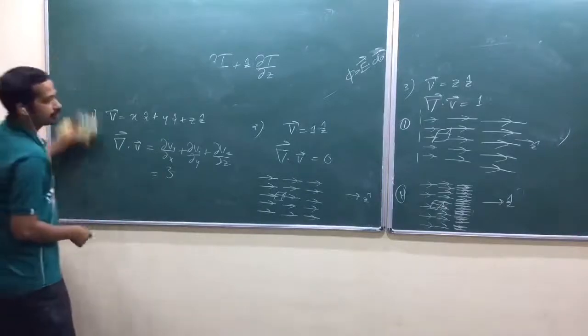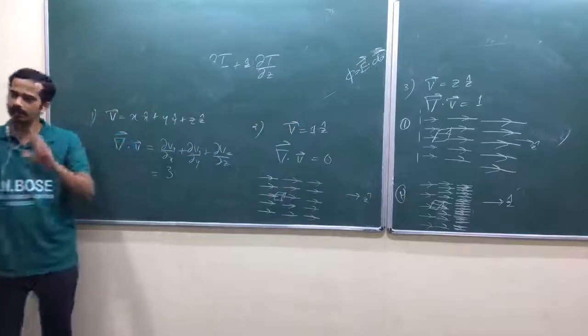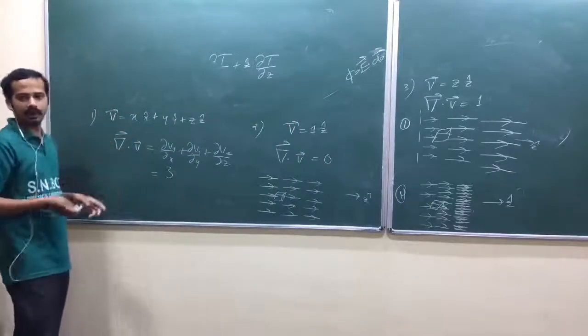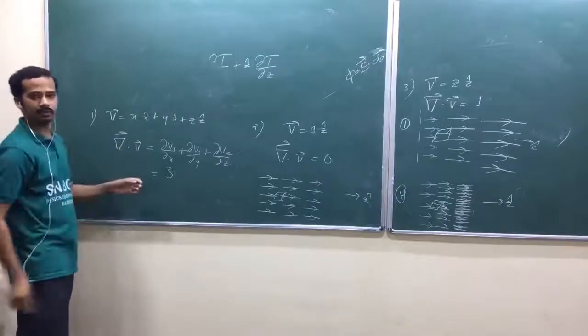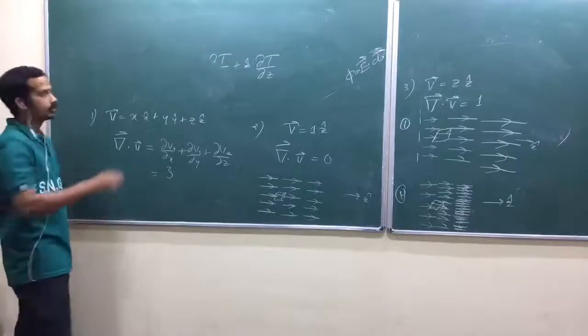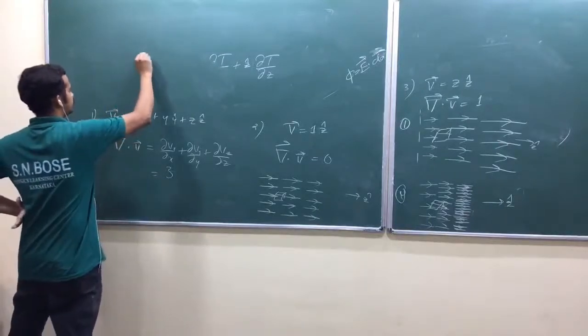Now let me choose the second one. Let me keep vector field length same. Let me increase the density of field line when I go outward from the origin. Is that okay? Because I have divergence equal to constant. Am I right? Now look at here. So to represent this one, I can just choose this one.